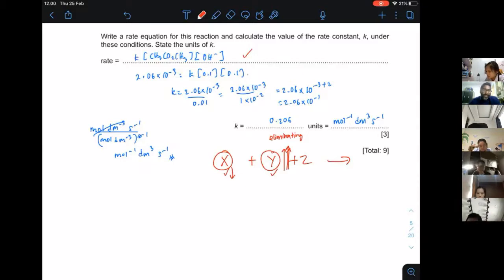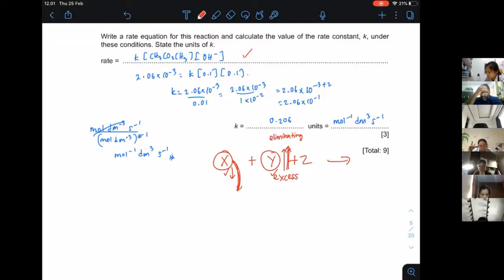So the changes in the rate are going to depend on X alone, and not on Y, because Y is in excess. We know there's a lot, so we eliminate Y.